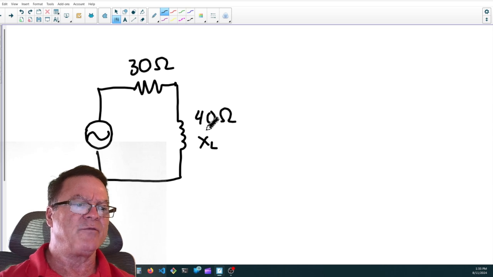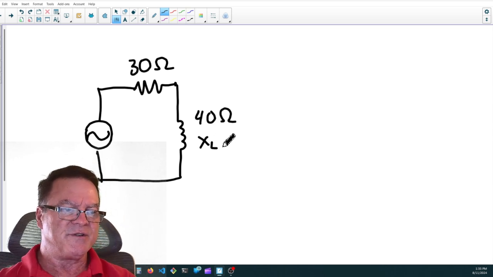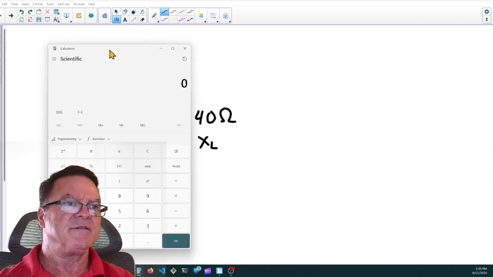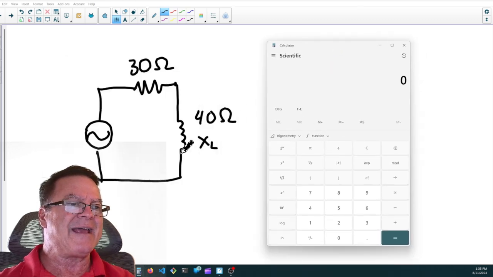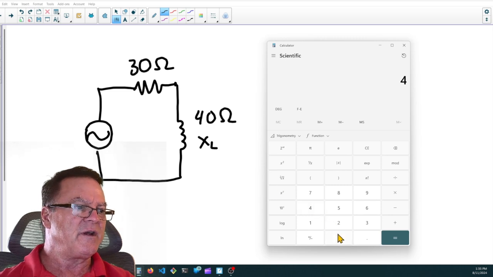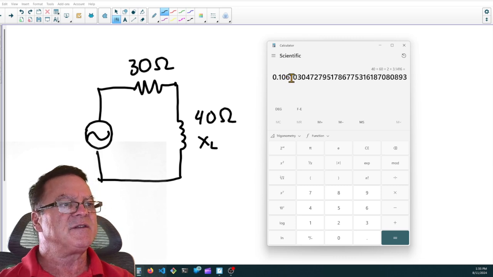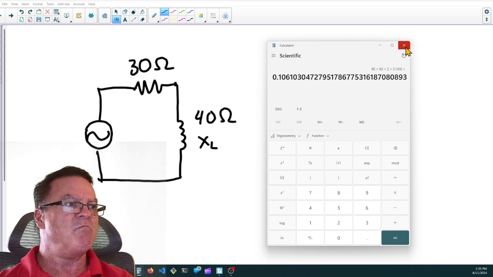We can find out if we want, using the calculator, the size of the inductor. If we want to know the inductance of this inductor, we can take our 40 ohms of inductive reactance and divide by 60 hertz and divide by 2 pi, 3.1416, and it's 106.1 millihenries.